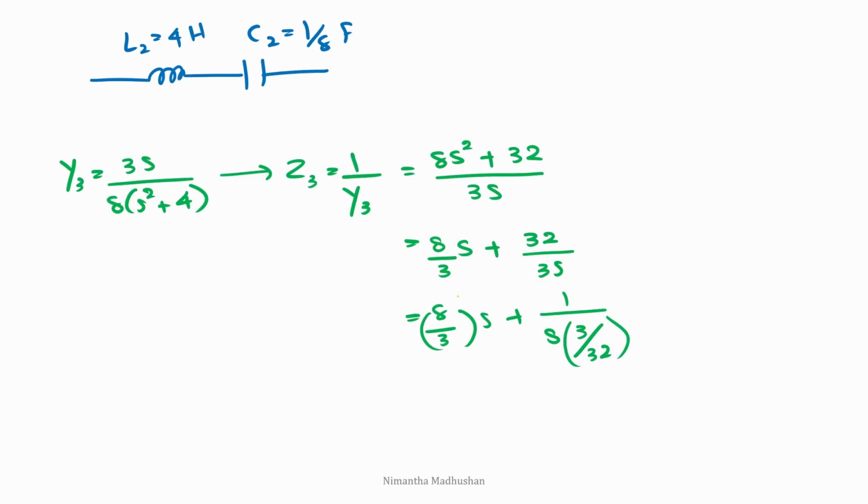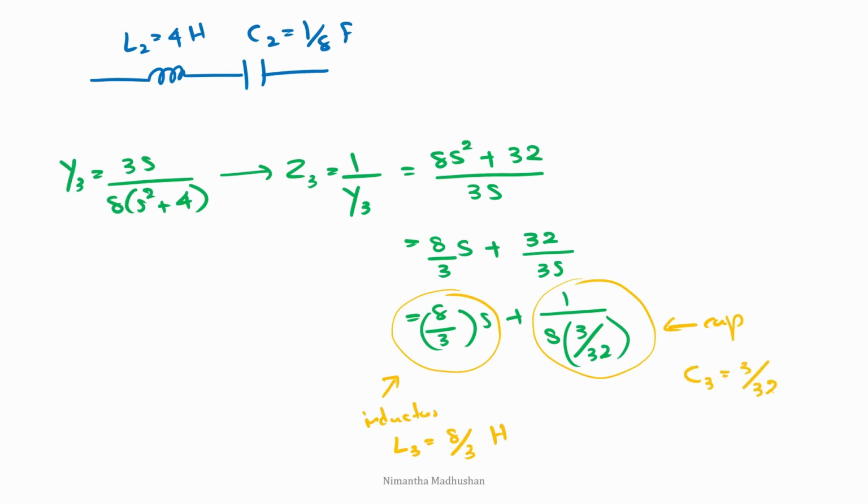If we check the impedance value of a capacitor and inductor, this one represents an inductor, L times s. L3 is equal to 8 over 3 Henry. And if we check this one, it is a capacitor, C into s. C3 is equal to 3 over 32 farad.